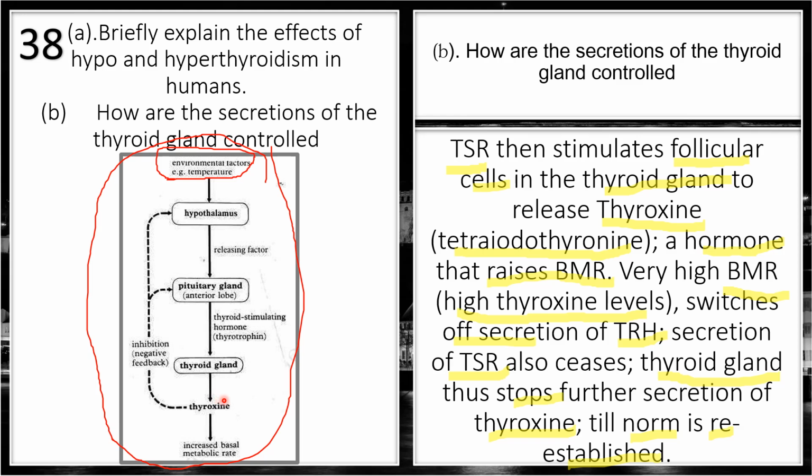Because when the thyroxine is produced, there is an increase in basal metabolic rate, and there will now be a negative feedback inhibition going to the pituitary gland, preventing it from releasing the thyroid stimulating hormone, and then also going to the hypothalamus, preventing it from releasing the thyroid releasing hormone.